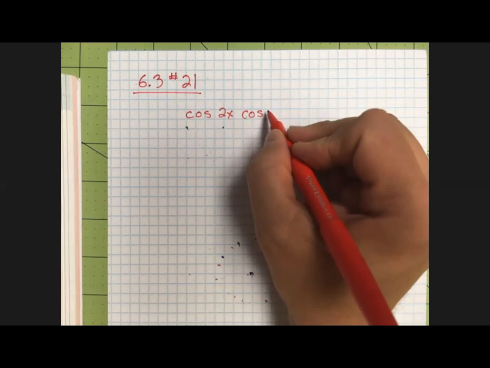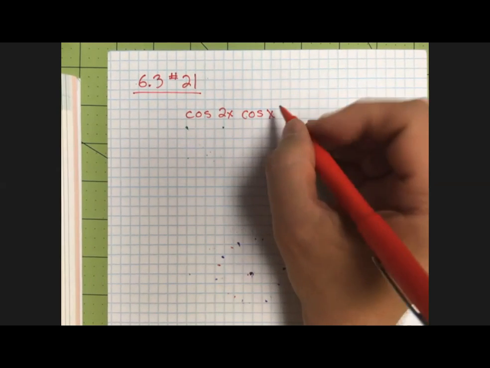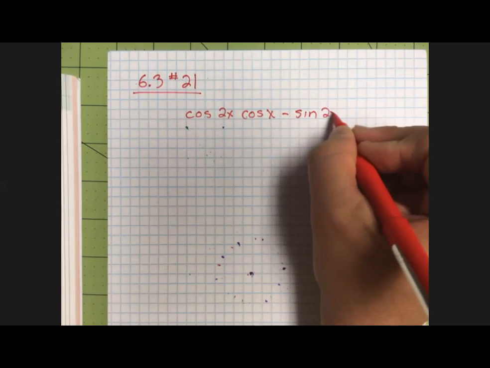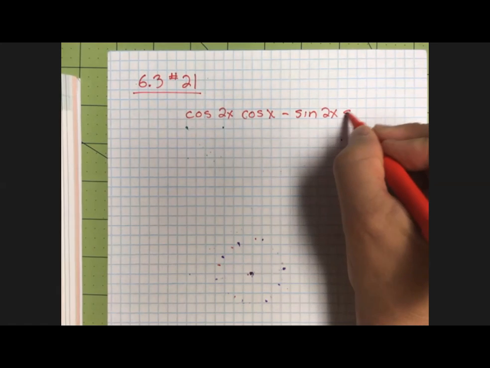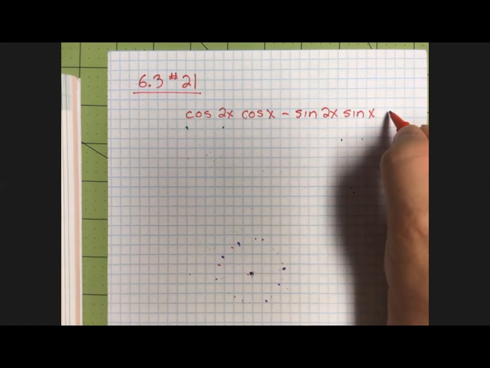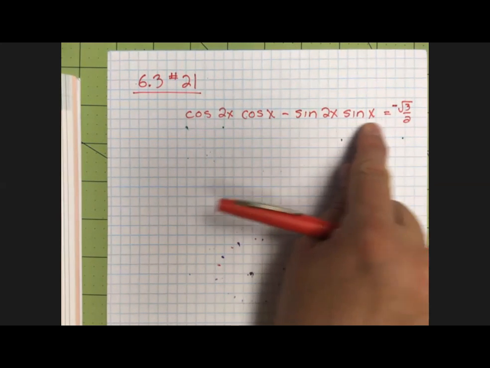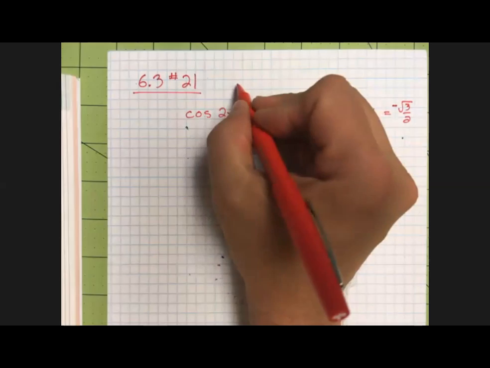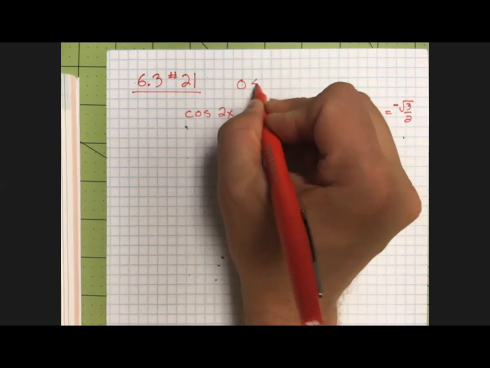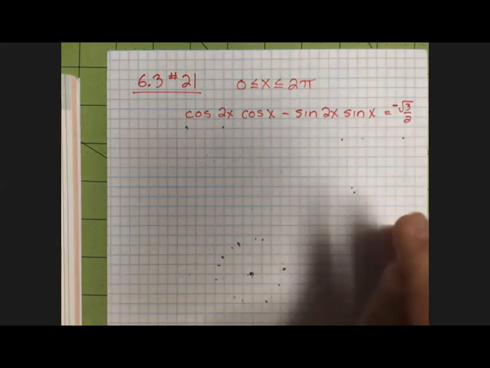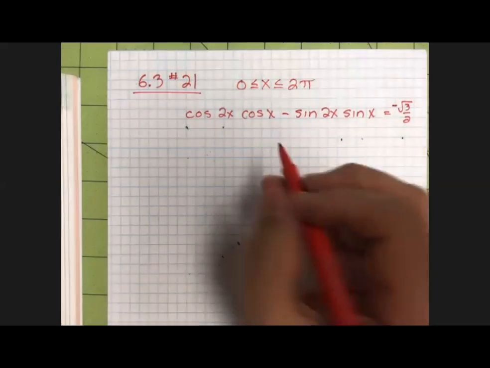When he gives you this problem in 21, what identity is he referring to? Okay, cosine 2x cosine x minus sine 2x sine x equals negative root 3 over 2, and he wants all the answers between 0 and 2 pi in radians, exact values only.